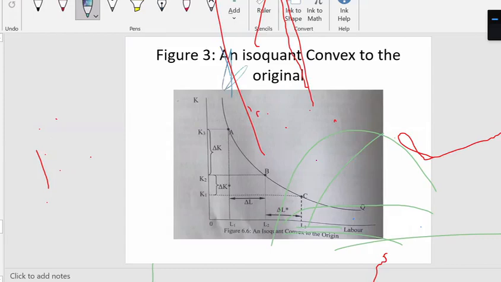When you reduce the amount of capital, you have to increase the level of labor to keep the same level of output. It is like that.